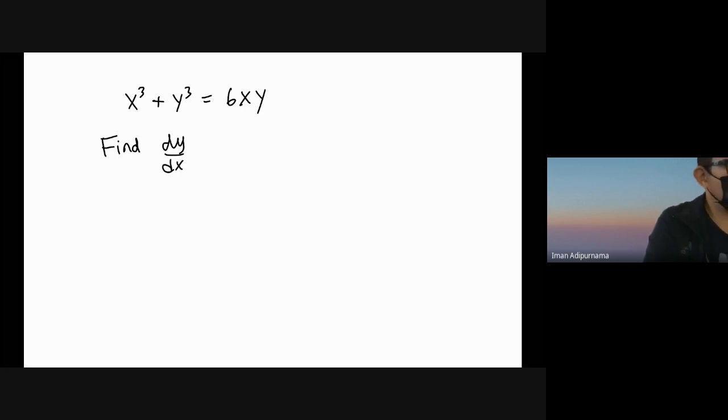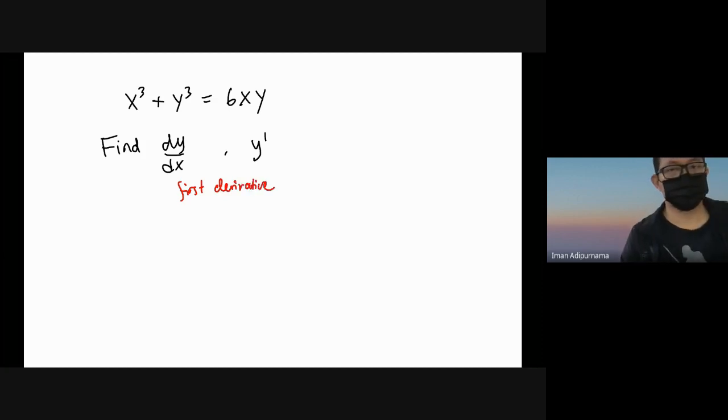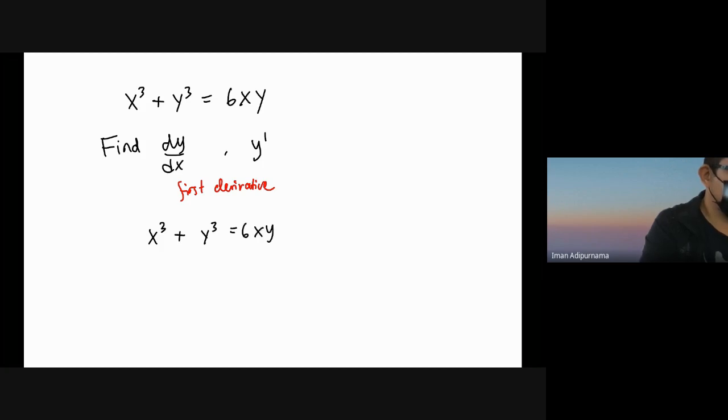Okay. So if I give you this question, dy over dx or y prime, you know that this means that you need to find the first derivative. So first, we get this, and we derive both sides.